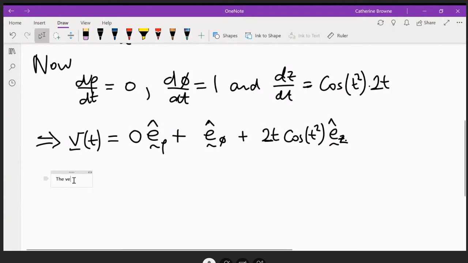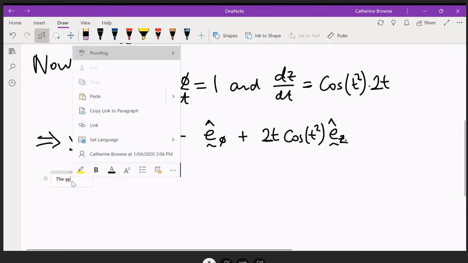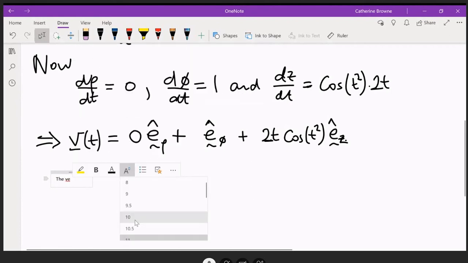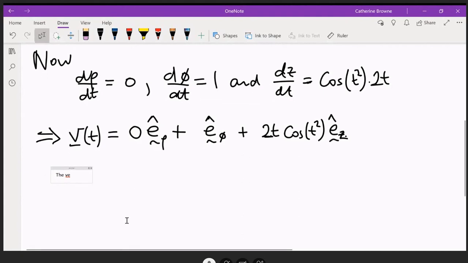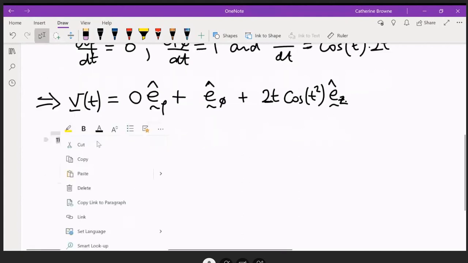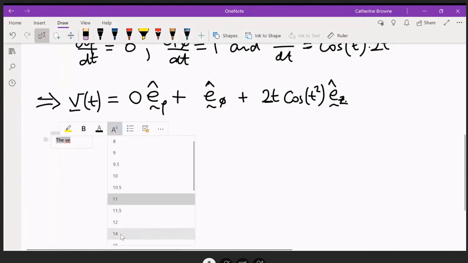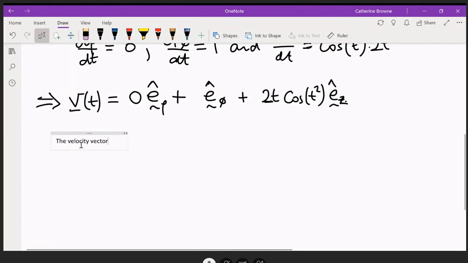Is that big enough, or should I make it a bit bigger?